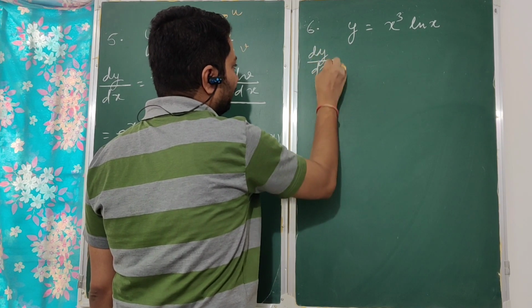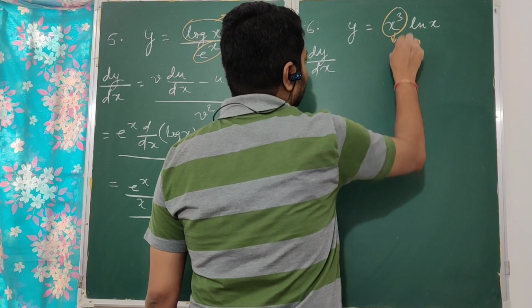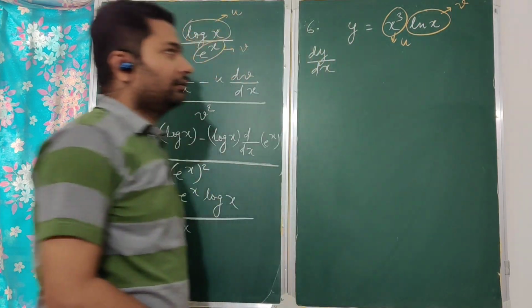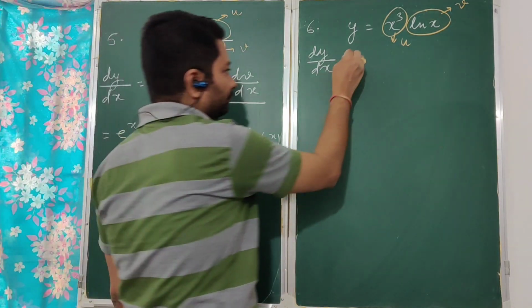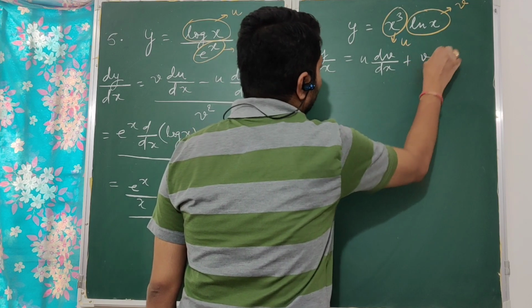How do we do it? dy by dx: this is one function, you can take it as u. This is another function, you can take it as v. So we can write u dv by dx plus v du by dx.